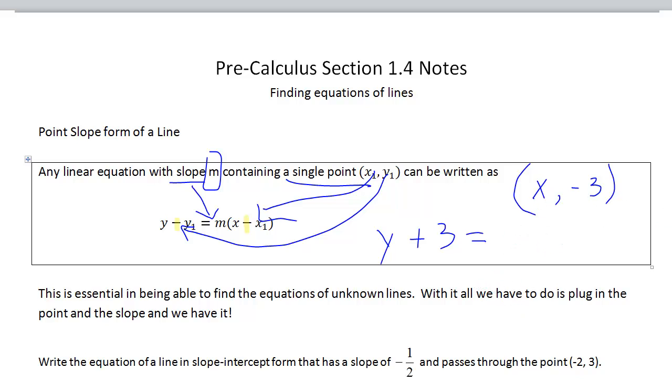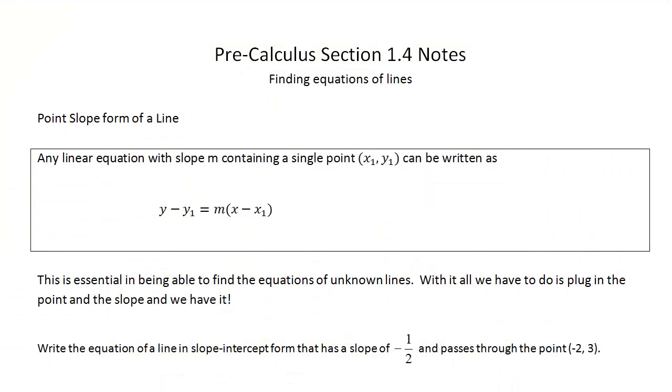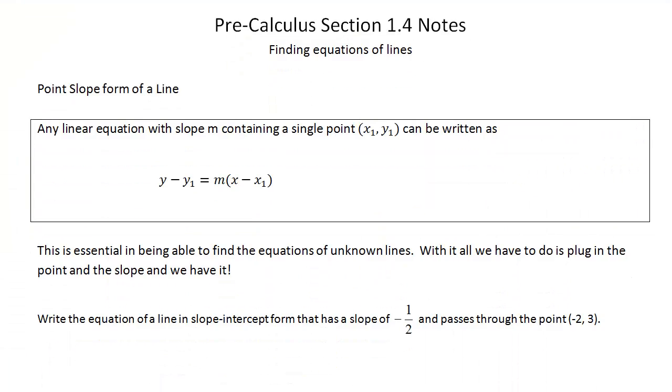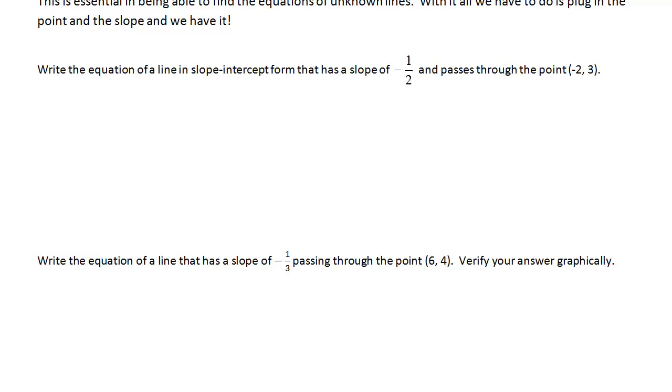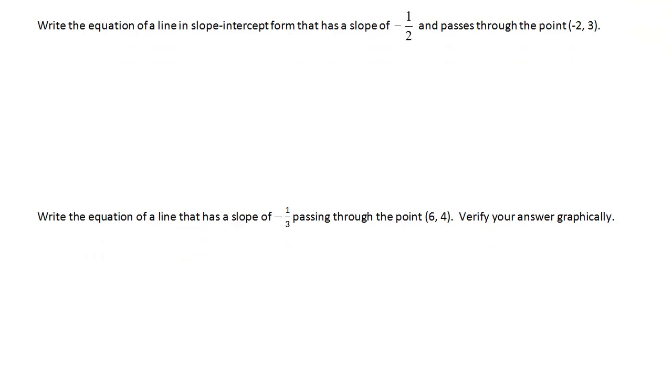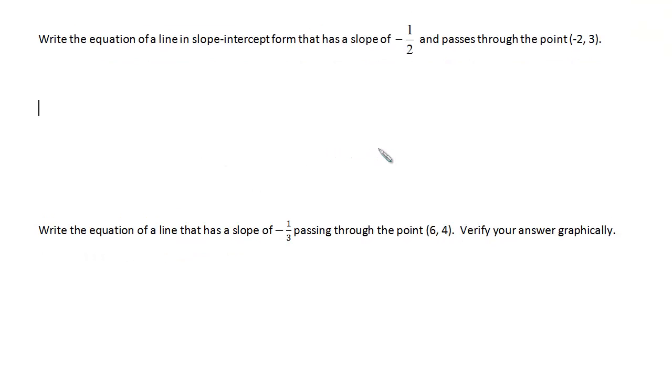Our most common form is going to be slope-intercept, which you should have done a lot of in Algebra 1. So we'll look at that example here. And we're asked to write the equation of a line in slope-intercept form that has a slope of -1/2 and passes through this point. Well, I know that slope-intercept is y equals mx plus b. So if I can identify the m and the b, then I've written my equation in slope-intercept.